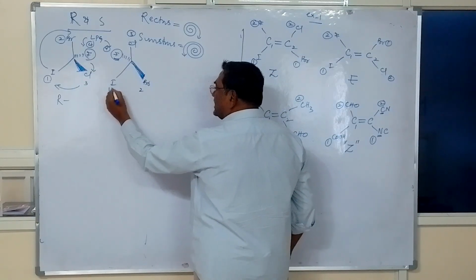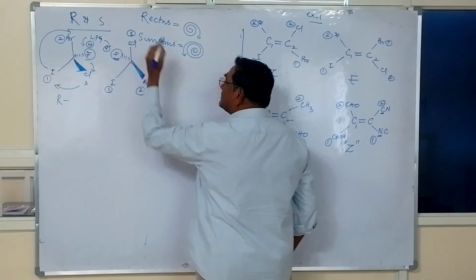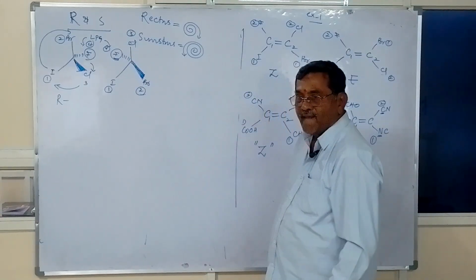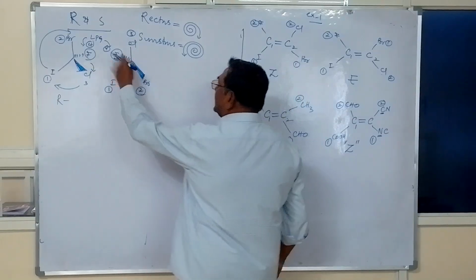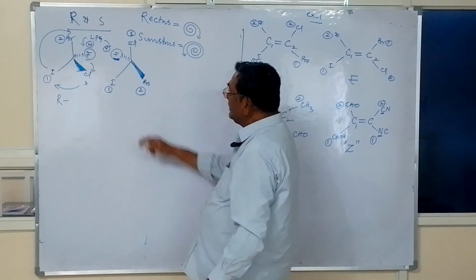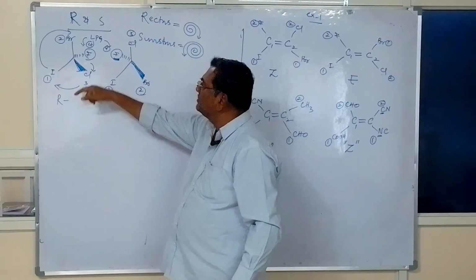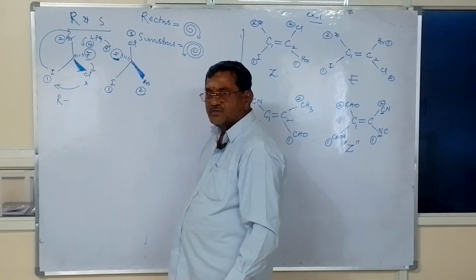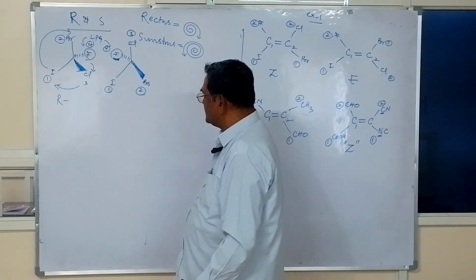That's going to have the highest priority one, second priority one, third priority one, children. Now, when the least priority group is on the dash, you write down the configuration as it is.